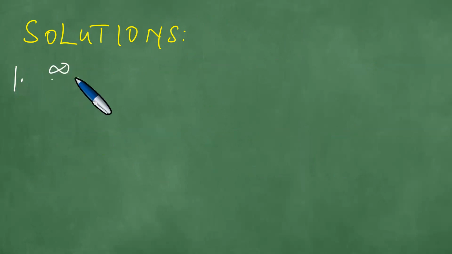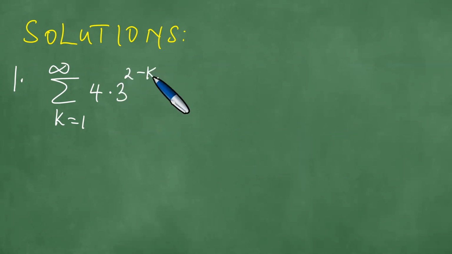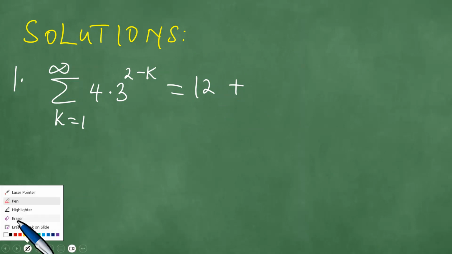So we have this infinite series from k equals 1, 4 times 3 to the power 2 minus k, which equals 12. Okay, you write out the things. So we need to expand first to prove the convergence.